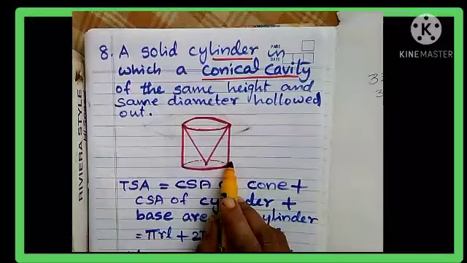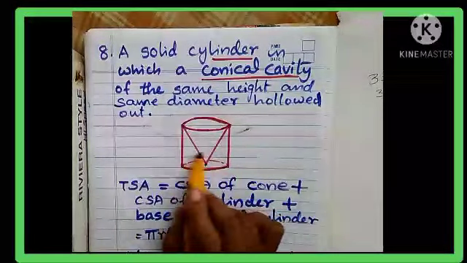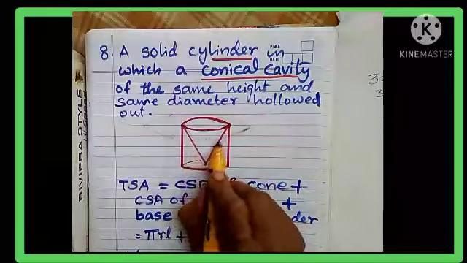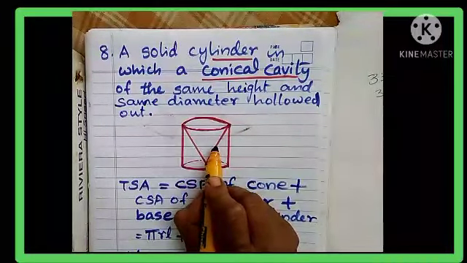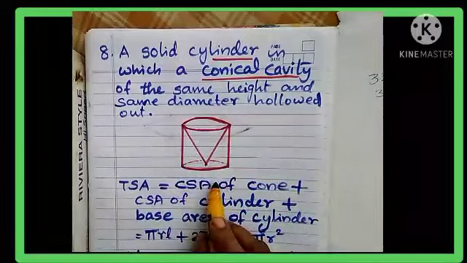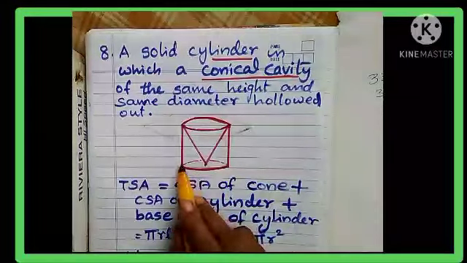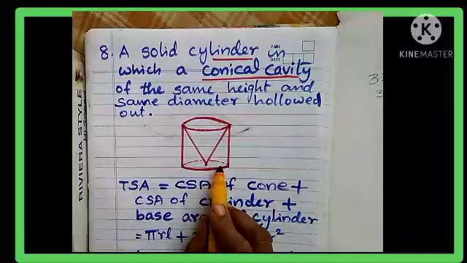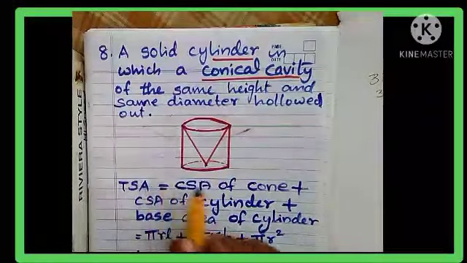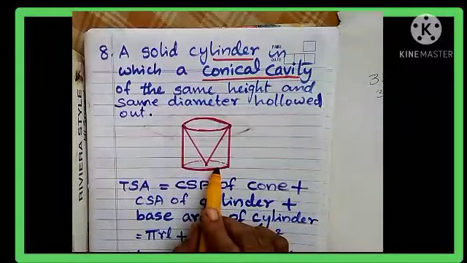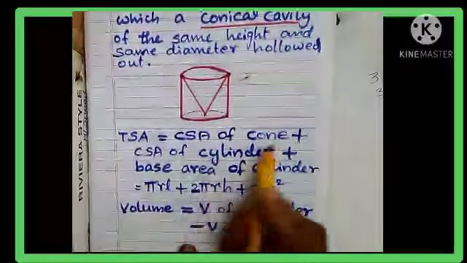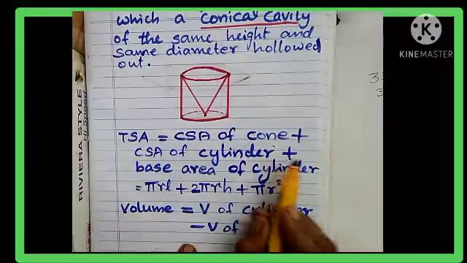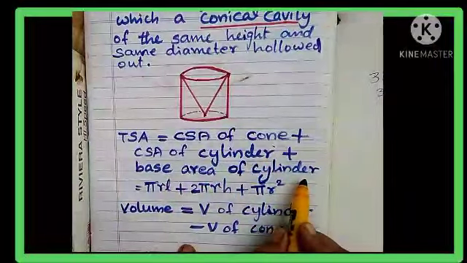Can you say? That is the CSA of the cylinder. And here it is a cavity, means CSA of the cone also we need to paint. And one more portion is there. Which is that? It is the base area of the cylinder. So total surface area of this solid will be CSA of the cone plus CSA of the cylinder plus base area of the cylinder.